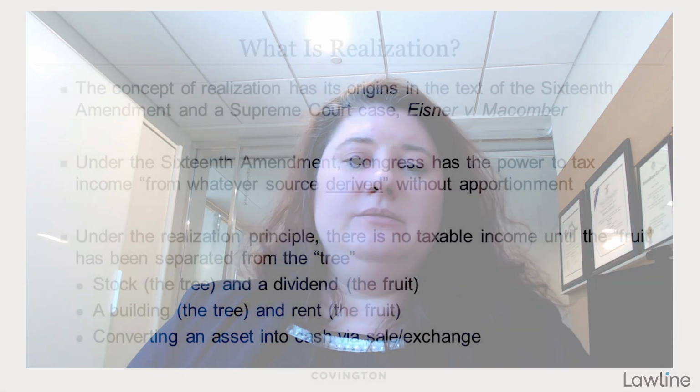Now, what does derived mean? Some people say it really doesn't mean that much. And some people say it embodies this concept of what's called realization, that Congress cannot tax income without apportionment unless that income has been, quote unquote, realized, or in other words, derived.